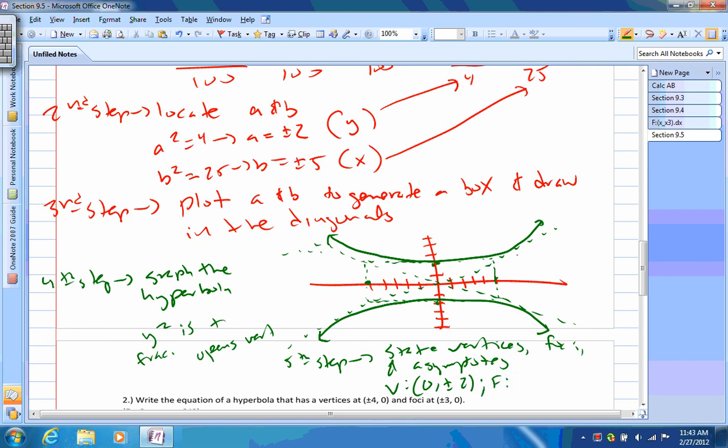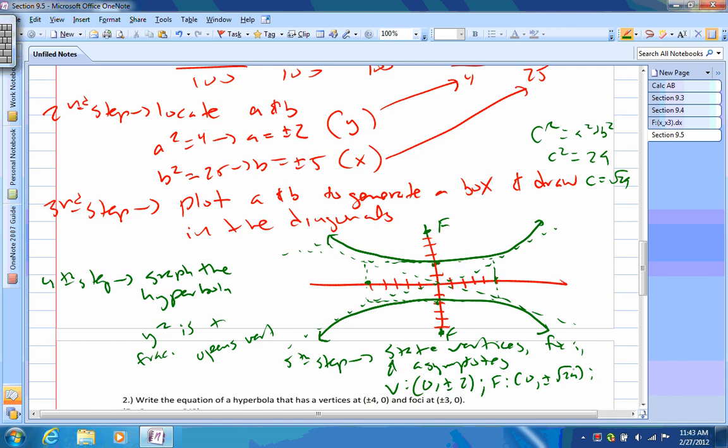The foci, if we calculate it, c squared equals a squared plus b squared. C squared is going to equal 29. So c equals root 29. So in this case, we say 0, plus or minus root 29. So it's actually going to be here and here.